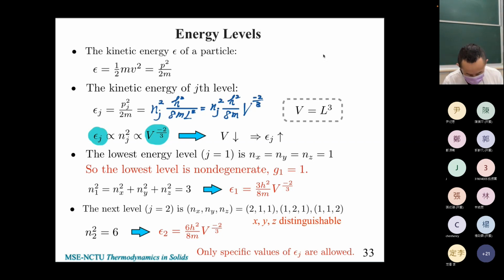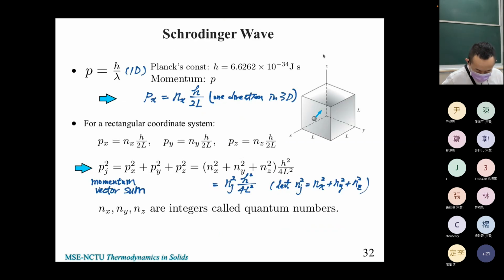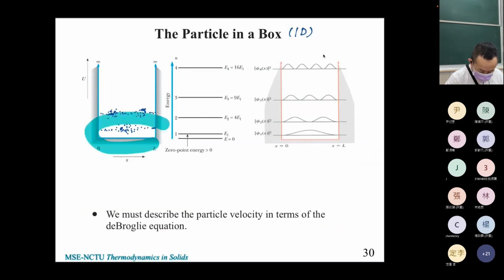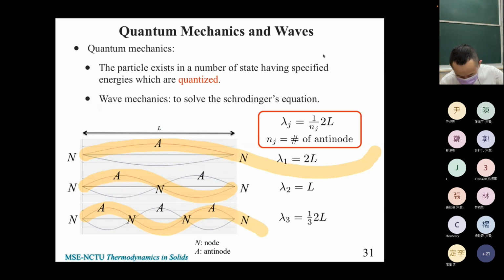Keep that in mind, and we can also continue to examine how many possibilities there are for each energy level. The lowest energy level is J equal to 1, which means that the X, Y, and Z directions are all in this lowest energy form.